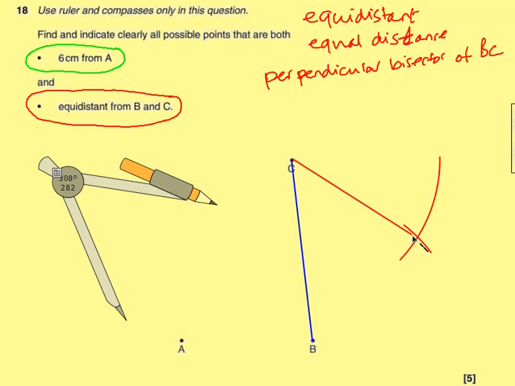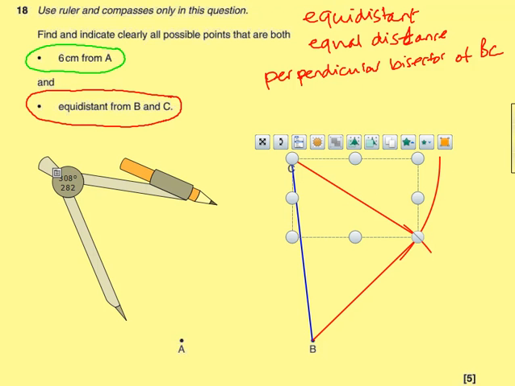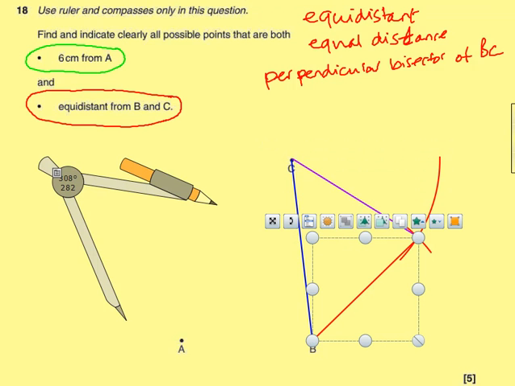If we join from there to there and from there to there, I've now made an isosceles triangle using BC as a base.